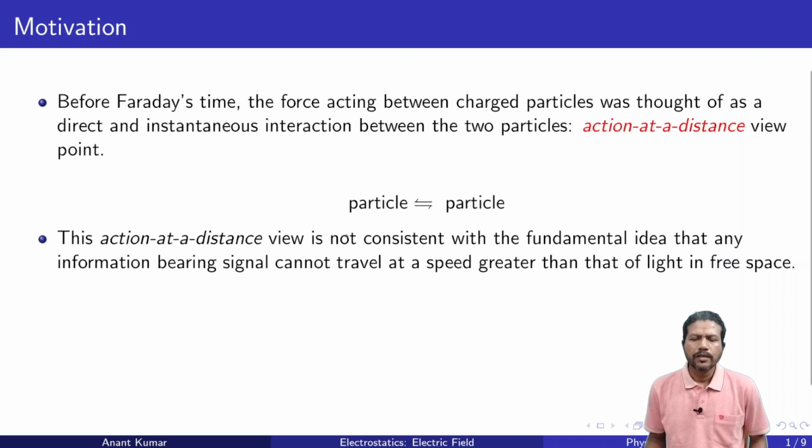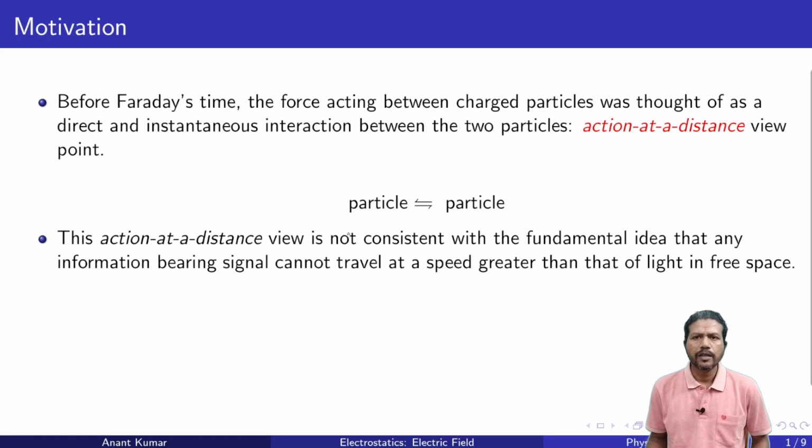The fact that the sun has vanished, this information cannot reach the earth before light actually does. Now, light takes around 8.2 minutes to reach the earth, which means that the information that the sun has vanished is going to actually reach the earth only after 8.2 minutes. So what happens between the vanishing of the sun and 8.2 minutes after that? According to the action at a distance picture, because the sun has gone, the gravitational force has also gone.